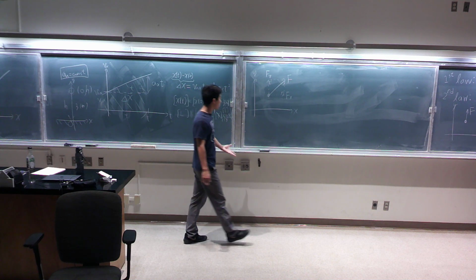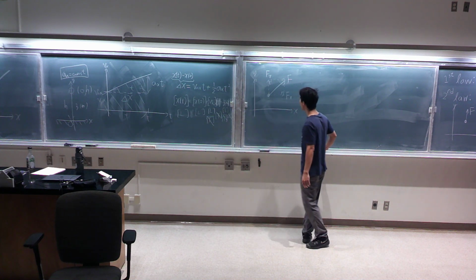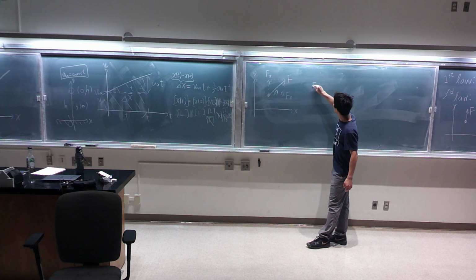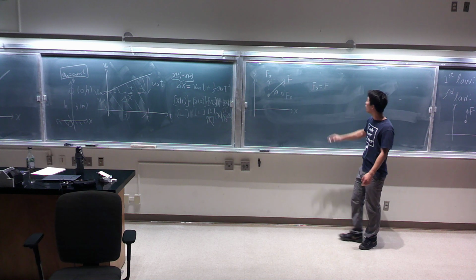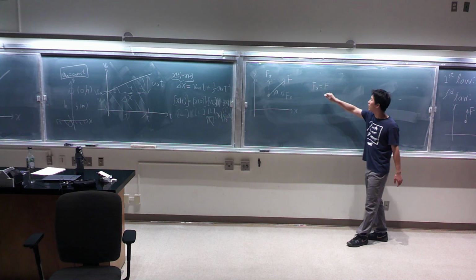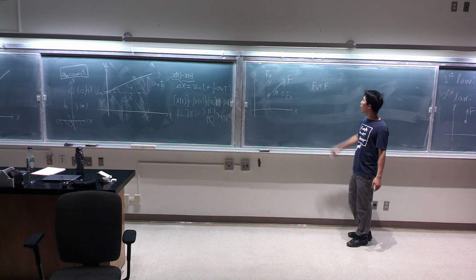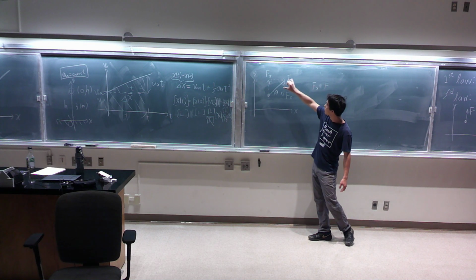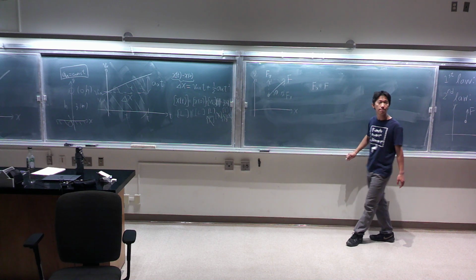Let's practice some trigonometry. If this angle is theta, what will Fx be and how is it related to F? This is not equal yet. What will Fx be if this is theta and this length is the force you apply?